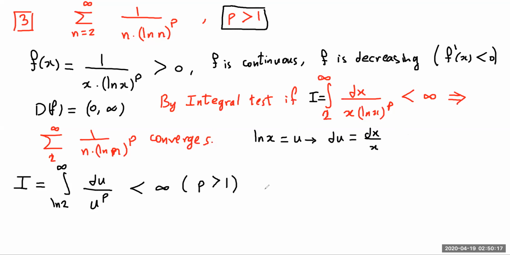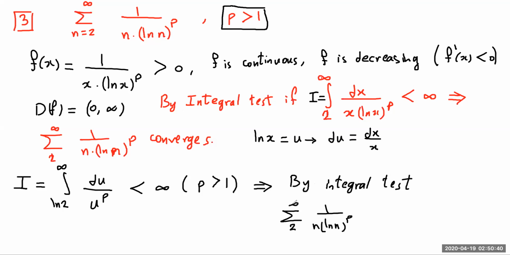Because of this, using the integral test, our series, the sum of 1 over n (ln n) power b from 2 to infinity, converges, less than infinity.